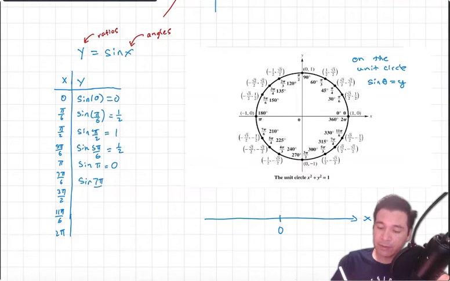7 pi over 6. All right, so we're at 7 pi over 6. And here the y value is -1/2. And 3 pi over 2. All right, so at 3 pi over 2, the y value is -1. And 11 pi over 6.